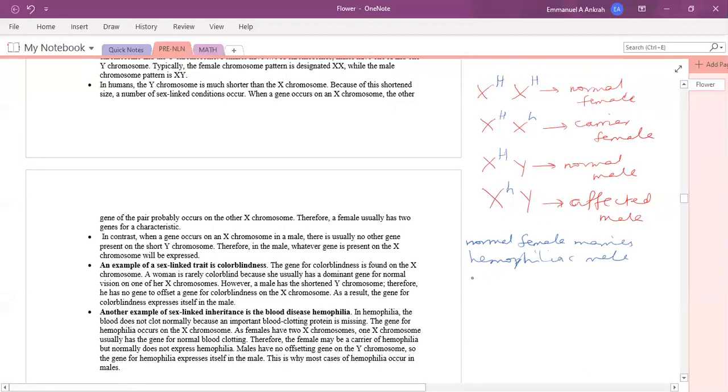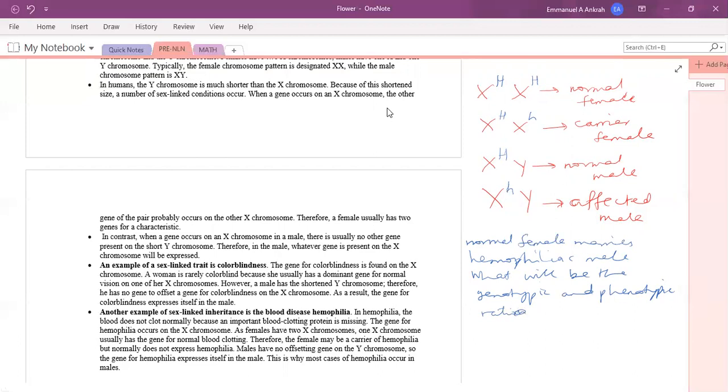What would be the genotypic and phenotypic ratios?